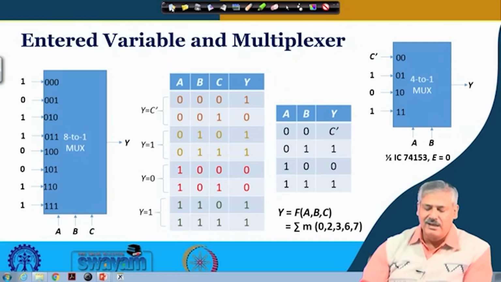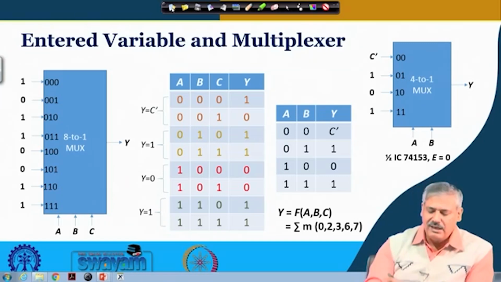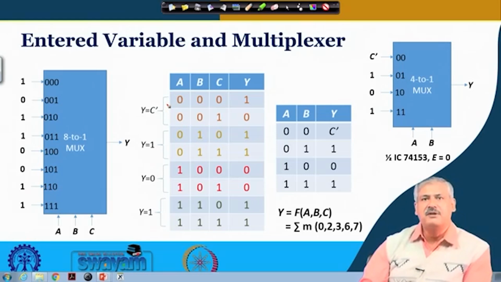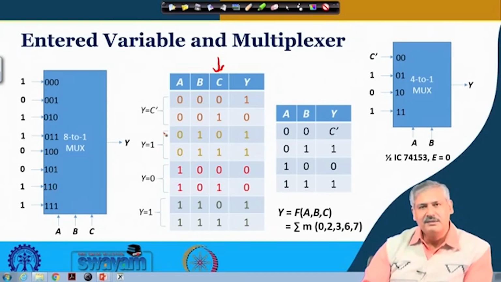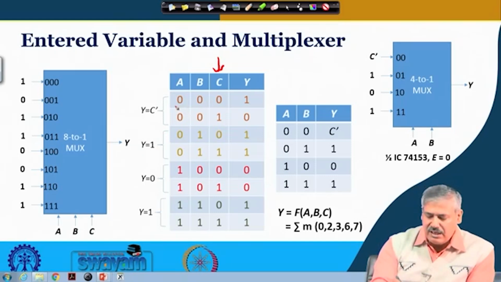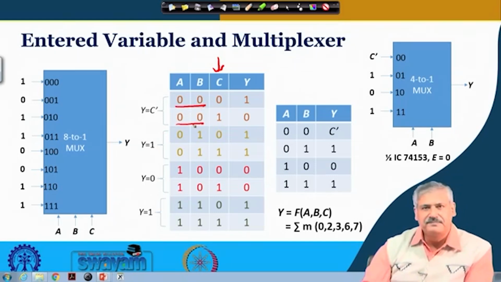So, we can look at combining the inputs the way we had done in case of entered variable map based minimization. So, if we consider C as the variable that will enter, we form pairs in this manner, if we recollect. So, here both A and B are 0, 0.